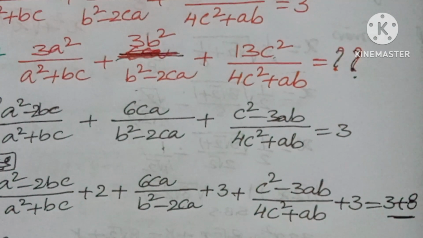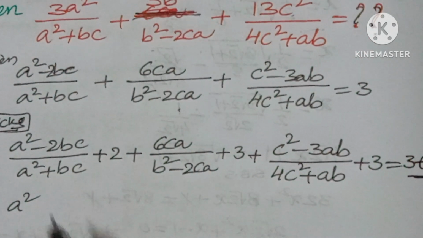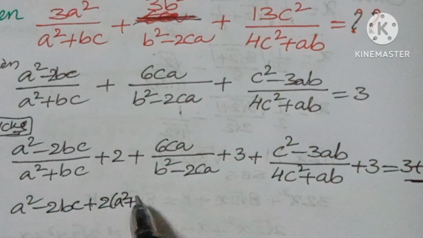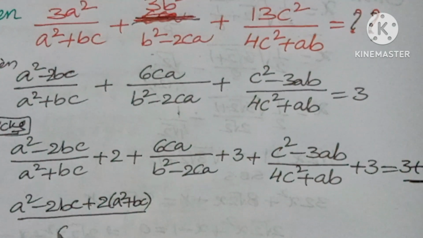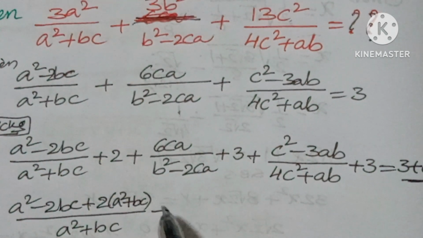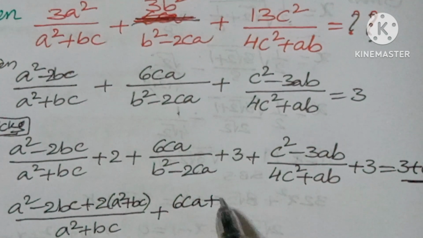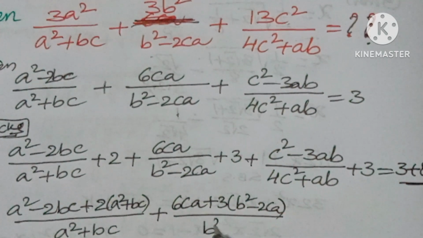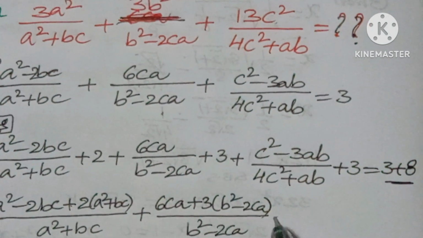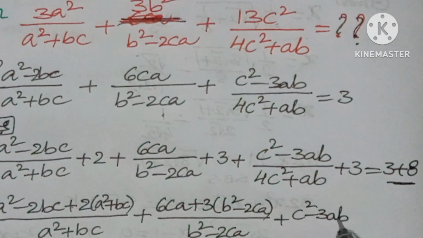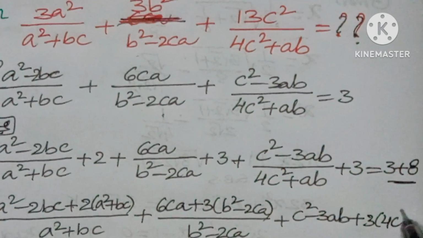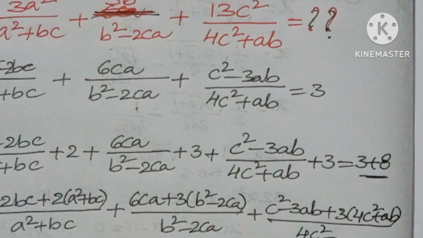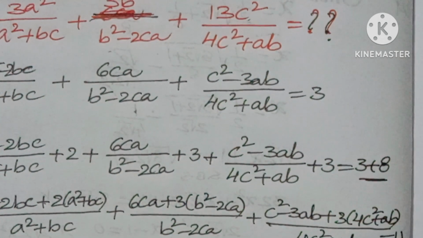Now if you take LCM, you will get (a square minus 2bc plus 2 into (a square plus bc)) by (a square plus bc), plus (6ca plus 3 into (b square minus 2ca)) over (b square minus 2ca), plus (c square minus 3ab plus 3 into (4c square plus ab)) by (4c square plus ab) is equal to 11.